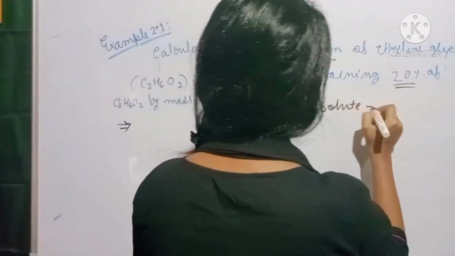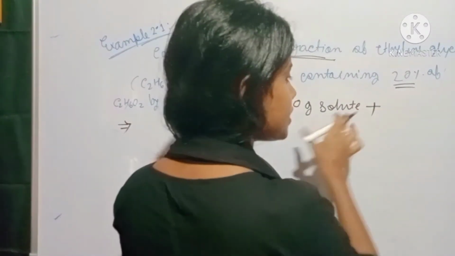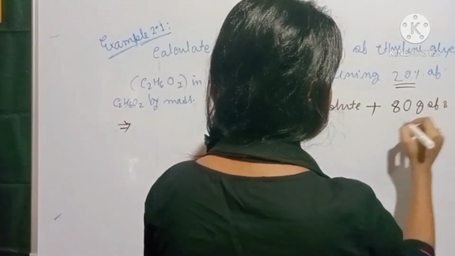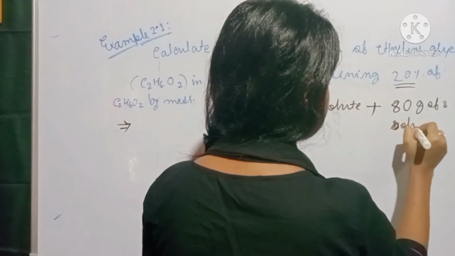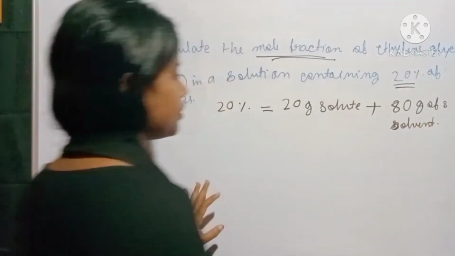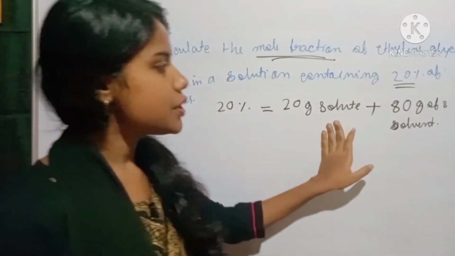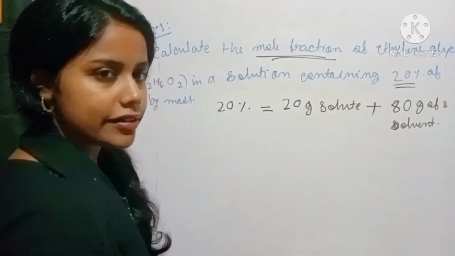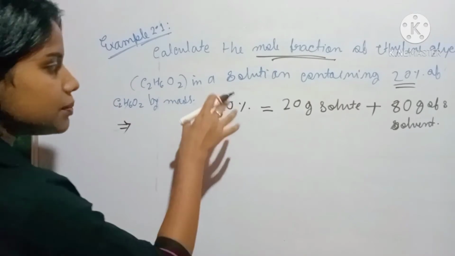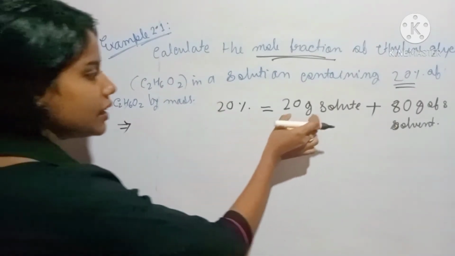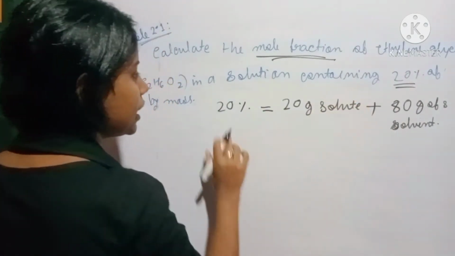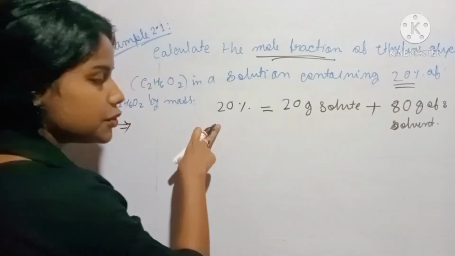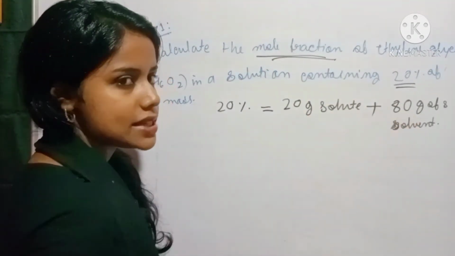And 20 gram of solute is present in 80 gram of solvent, that means the total is 100 gram. So whenever 20% is given, you take 20 gram in 80 gram. If there is 30%, then it's 30 gram in 70 gram. If there is 40%, then 40 gram in 60 gram, something like that.